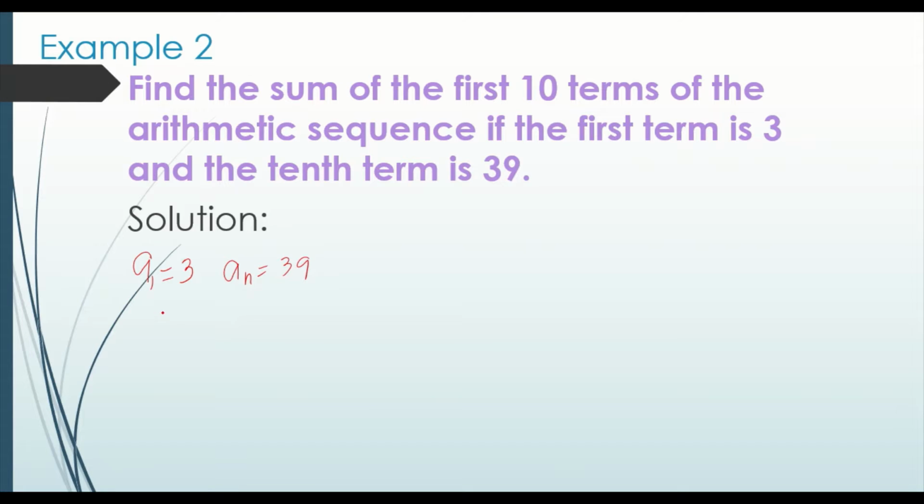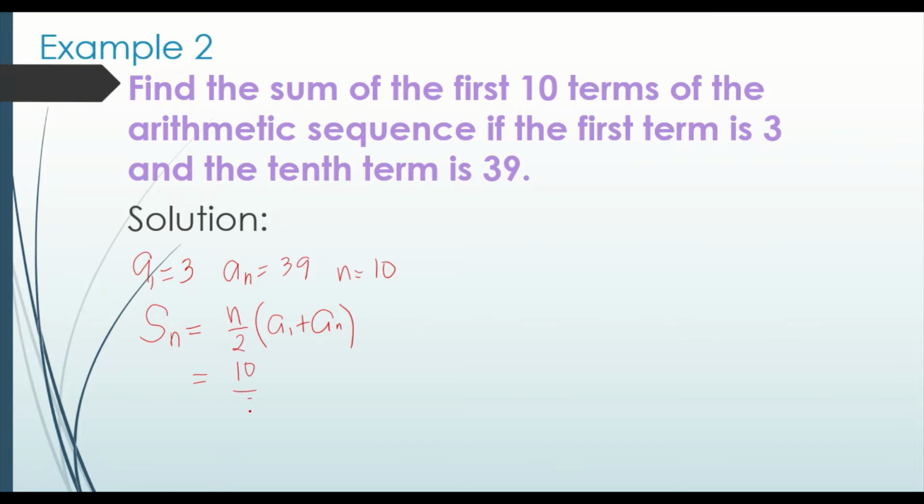So we now proceed to the formula for the sum of the terms, which is S sub n is equal to n over 2 times a sub 1 plus a sub n. N is the number of terms, which is 10.